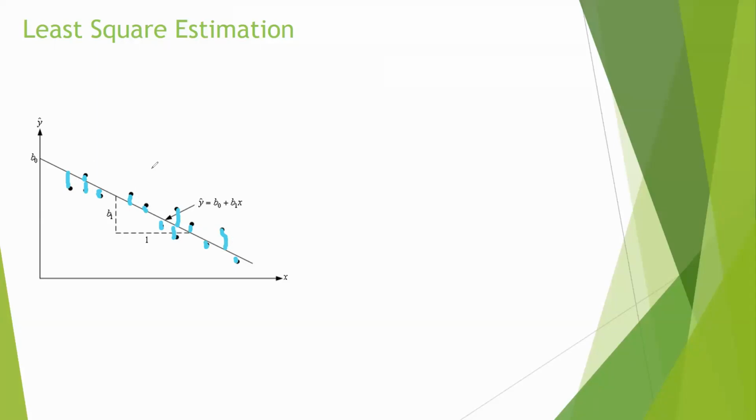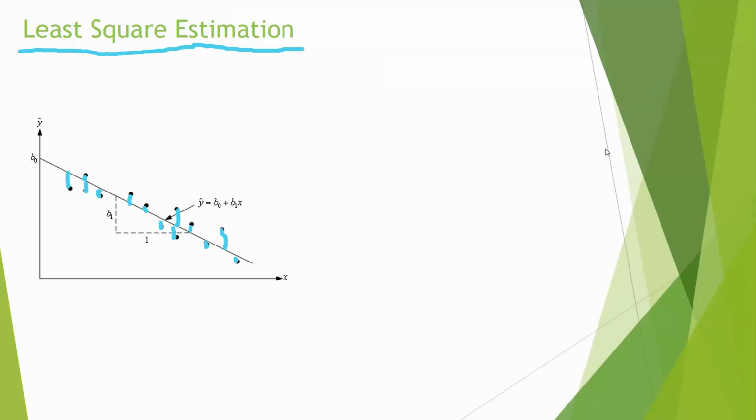So instead of using the original difference, we use the squared value of each deviation, and we try to find the line that makes this squared deviation minimum. So I hope this is clear.